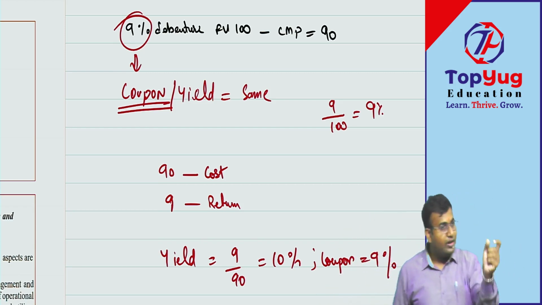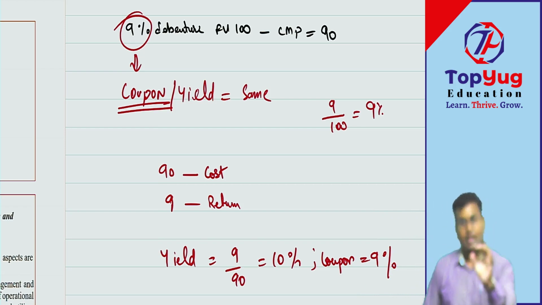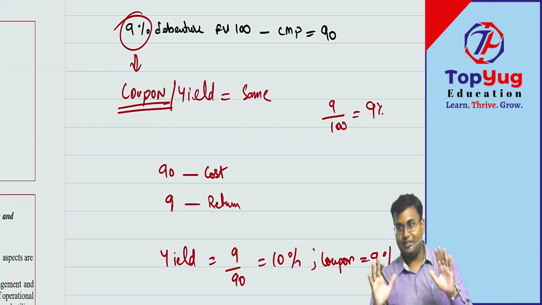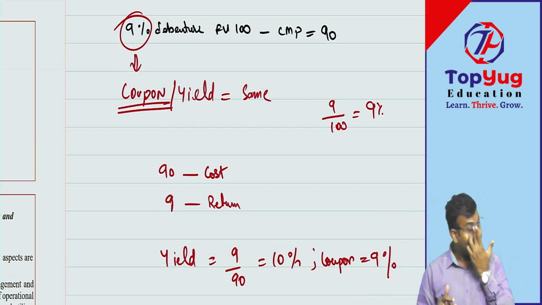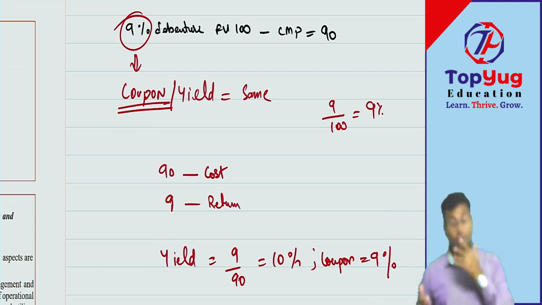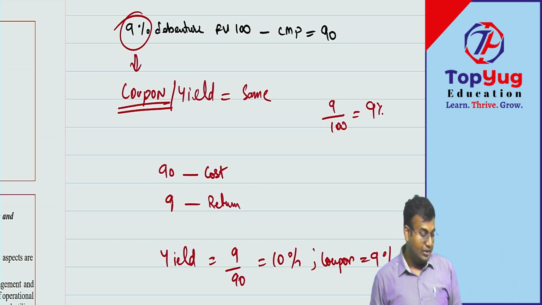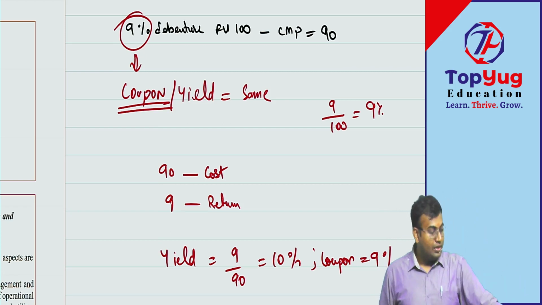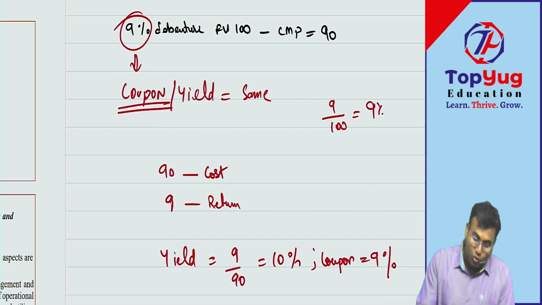If this word comes up in the question somewhere, you will not say, you didn't teach this, out of book, out of syllabus. You will not say this, right? Okay, write down. Put a heading, concept of coupon and yield. Or you can say coupon versus yield.